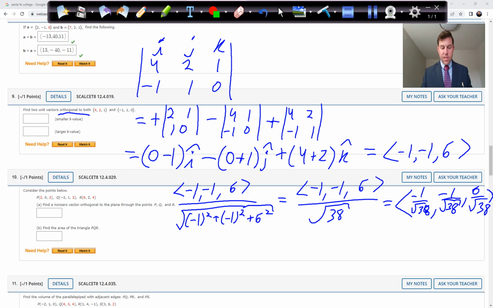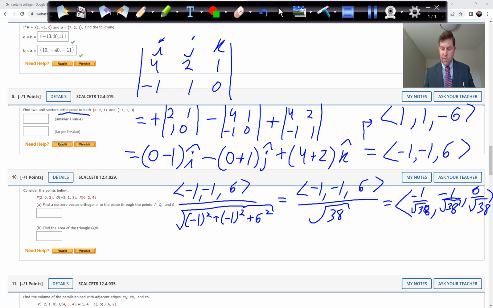Okay, now there's a second vector in here as well, and that would be if I reversed the order and made these negatives. So there's another vector here. It'd be positive 1, positive 1, minus 6. And it's going to have the exact same magnitude because the numbers didn't change, other than minus signs, but those go away when I square them. So it's the exact same.